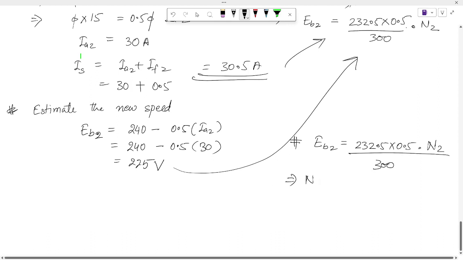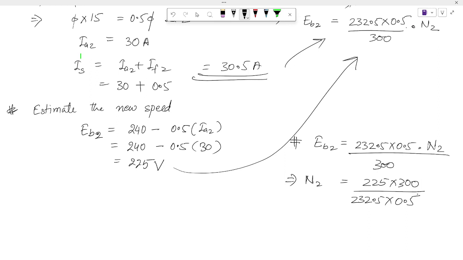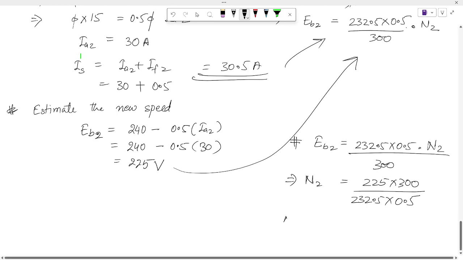N2 is 225 into 300 divided by 232.5 into 0.5. Please find out the value. 580.64.